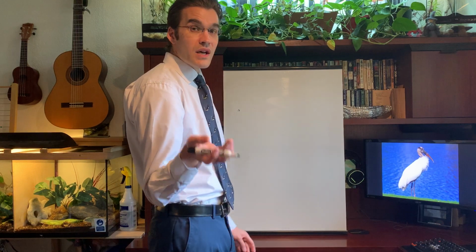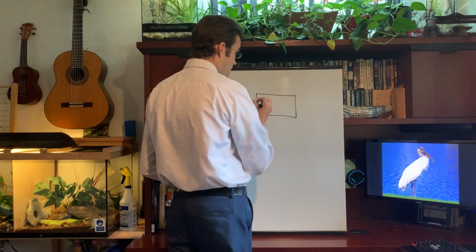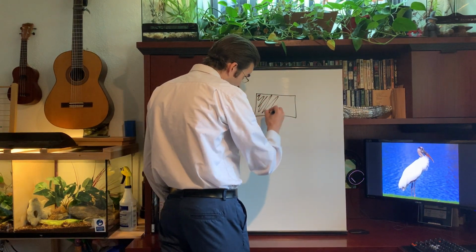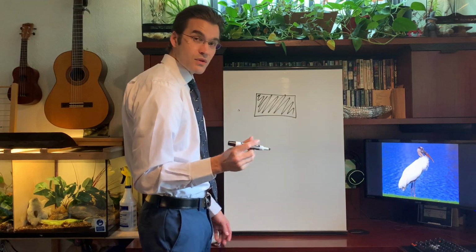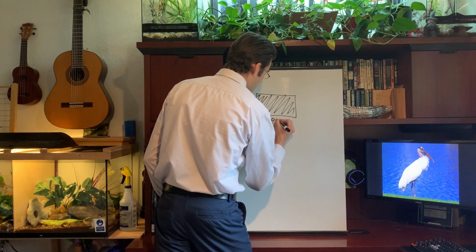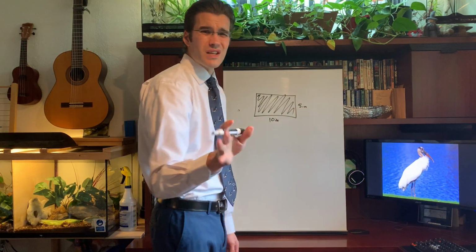Now, area is a little different though. If I take a rectangle, area is going to tell me all of this space, right? And so we're going to do base times height. So my base is 10 inches and my height is 5 inches. We've done a lot of these.